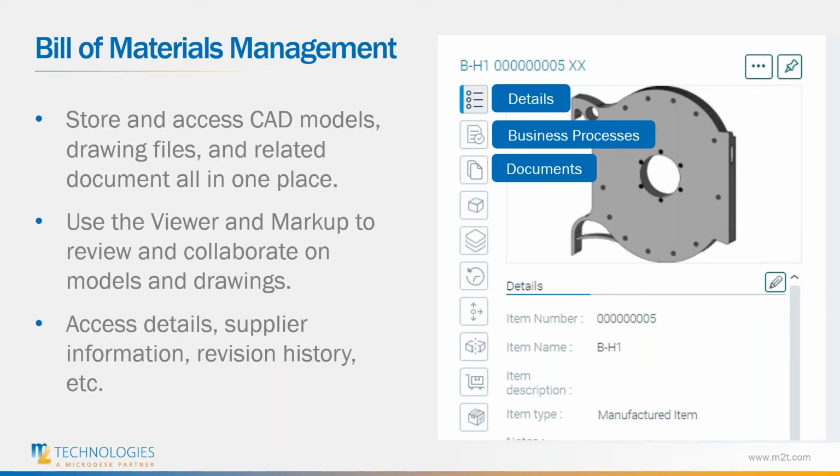We can access any documents that are connected directly to this file or linked from the project document base. We can view CAD attributes and physical properties such as mass, center of gravity, and other details that are imported from the CAD application again.